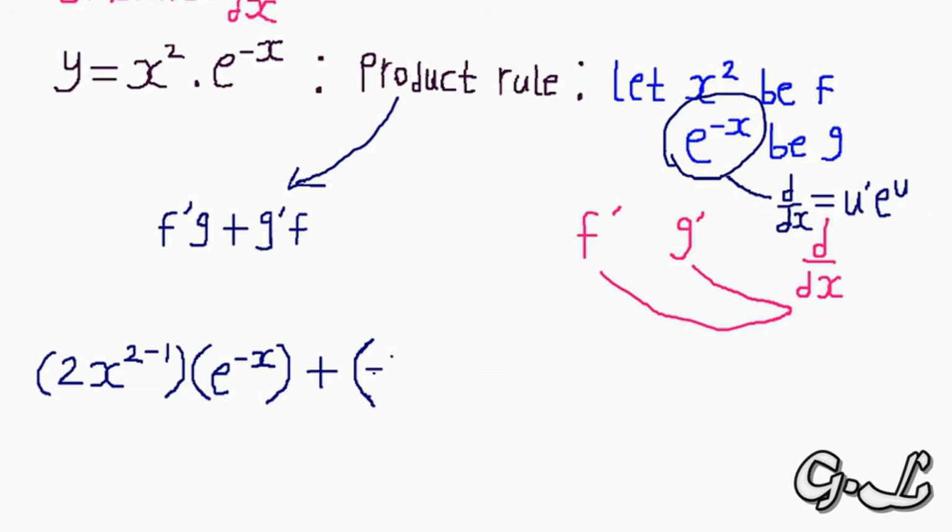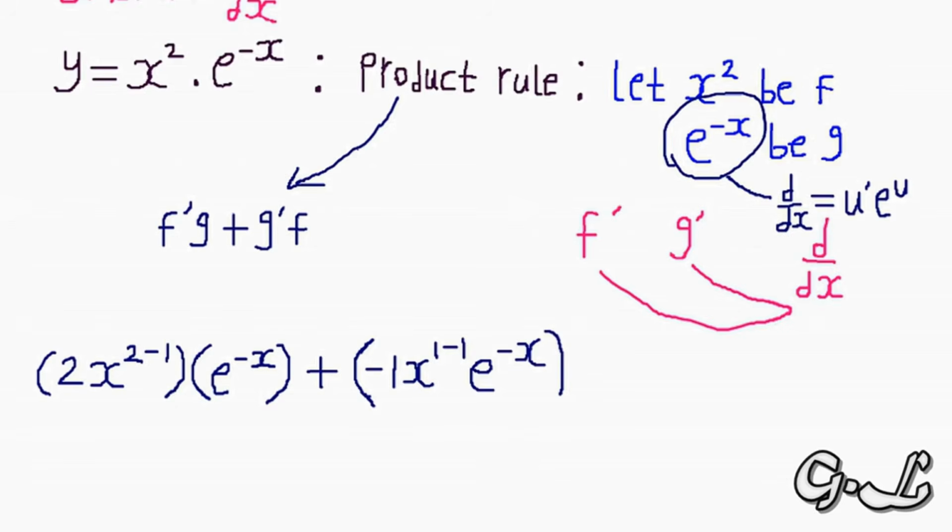Negative x has the power of 1, so that one is going to be multiplied with the base term. In such a case, the base term is negative x. So when you differentiate negative x, it will give you negative 1 x to the power 1 minus 1.